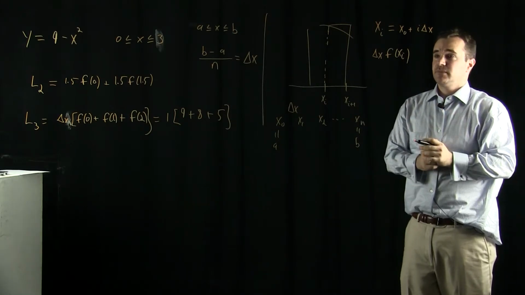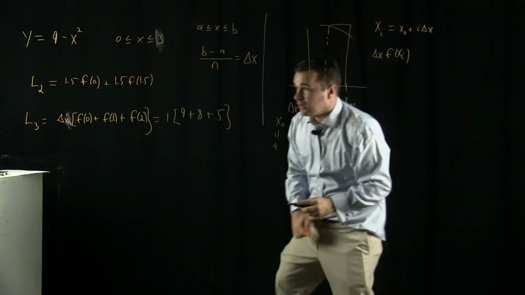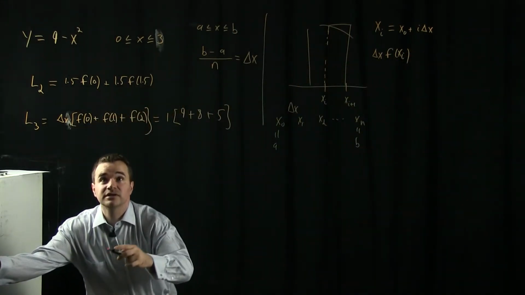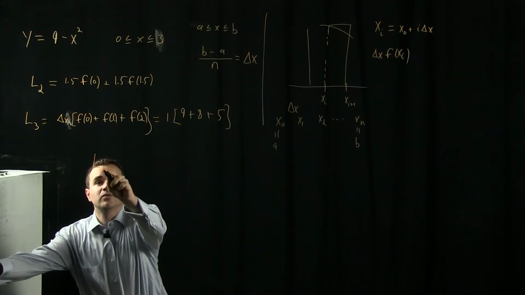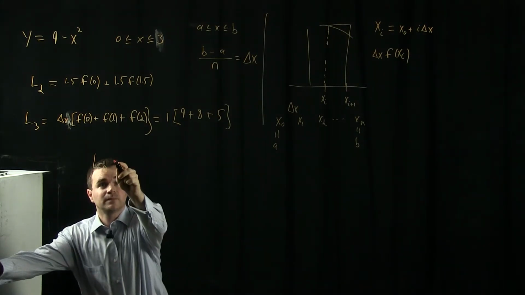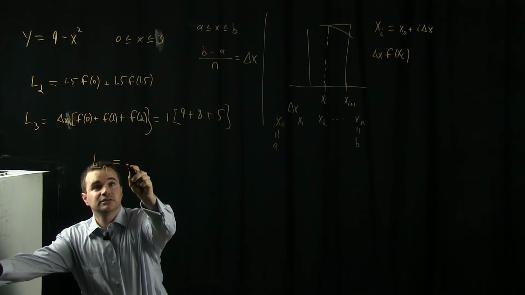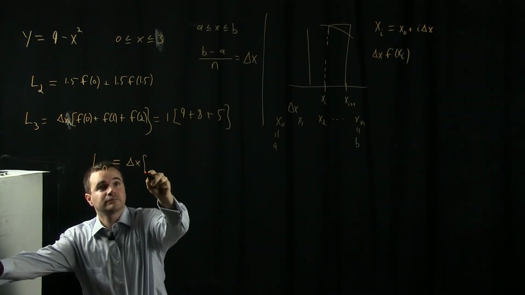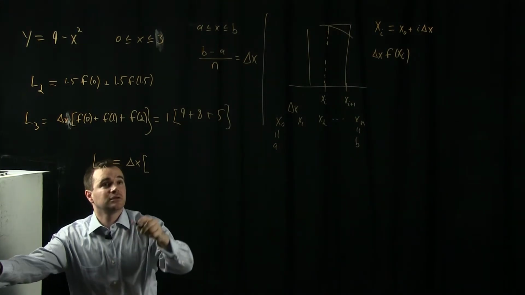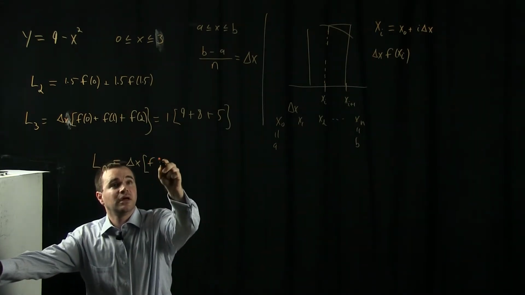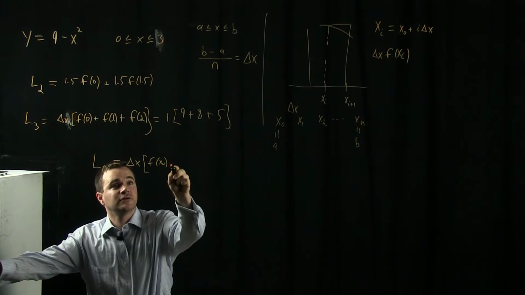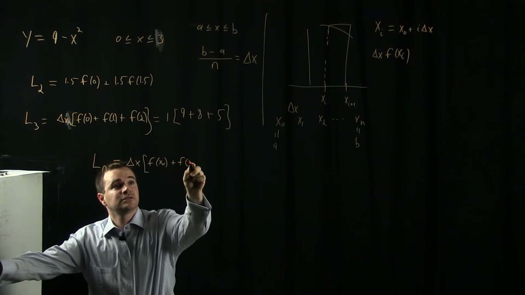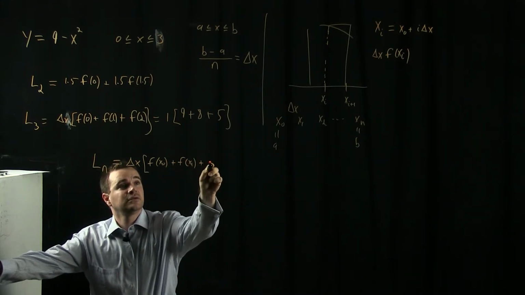So finally, you can write out a big formula. Here it is for left-hand endpoints with n rectangles. And that's going to be delta x, which is b minus a over n, times f of x0 plus f of x1.